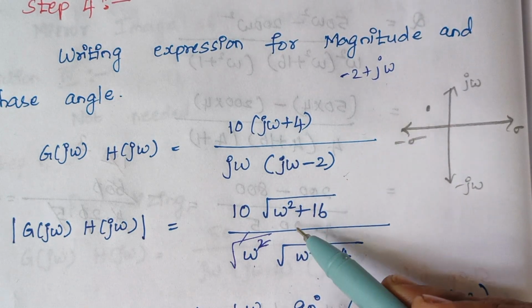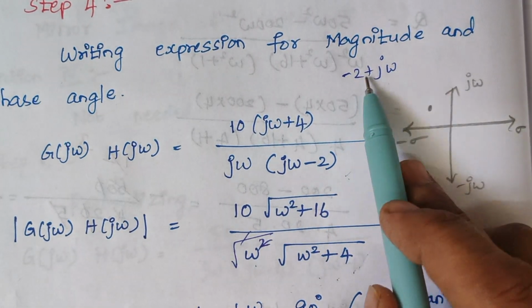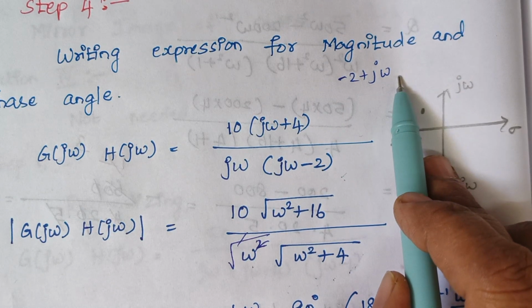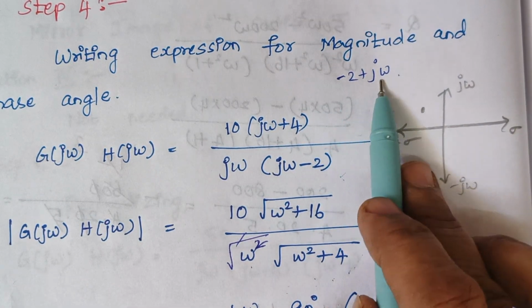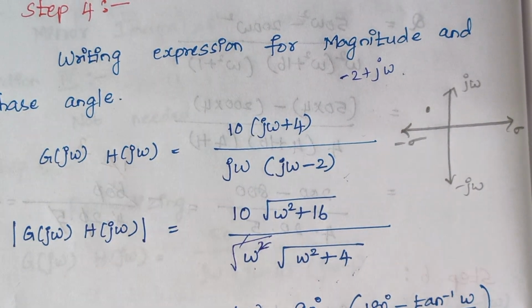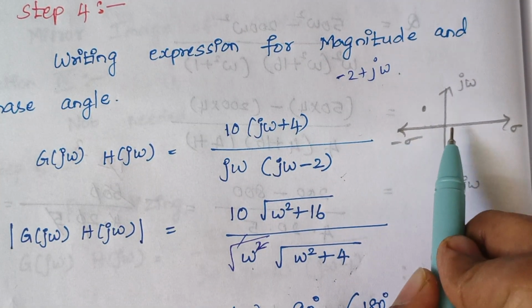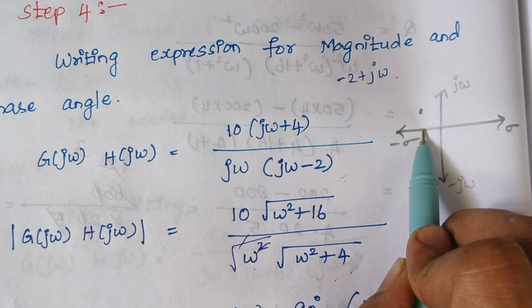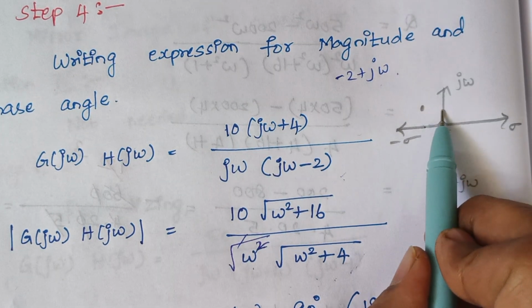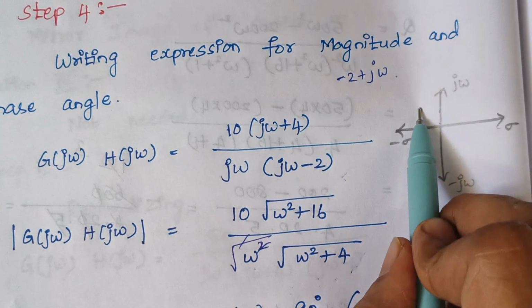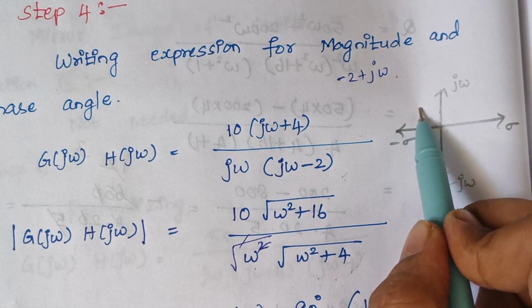Both are the same. Now we are going to plot this point on the S-plane. So minus 2 plus j omega. Where does minus 2 come? It comes on the negative real axis. So here lies minus 2, and plus j omega will be somewhere here. So here I am locating that point.